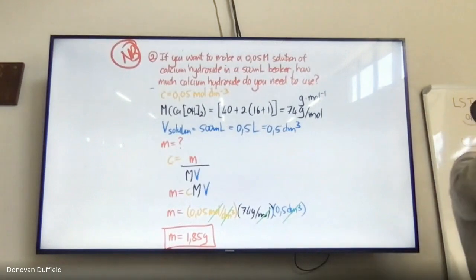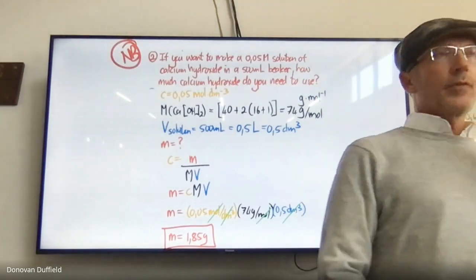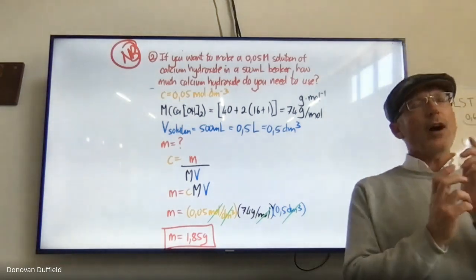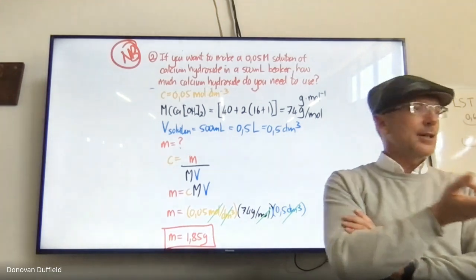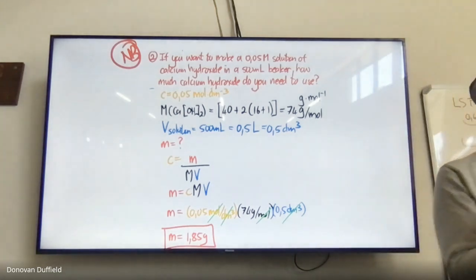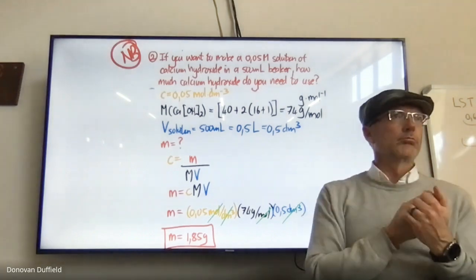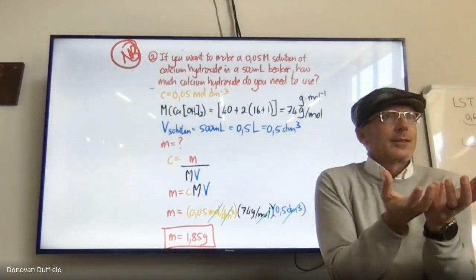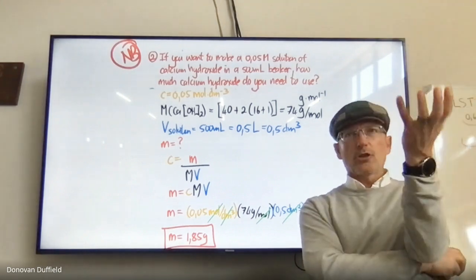Whereas in the other case, dilution, now this is actually a very good question, because if I have a solid substance, let's say this is calcium hydroxide. Calcium hydroxide is an ionic solid. It's crystals. Okay? So the actual solute is a solid.